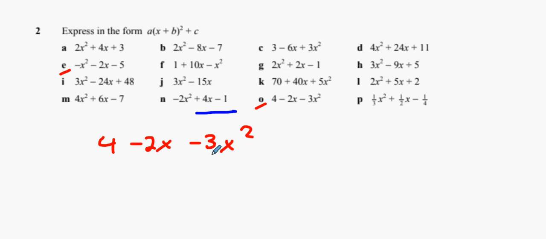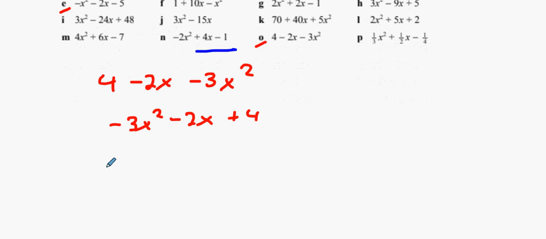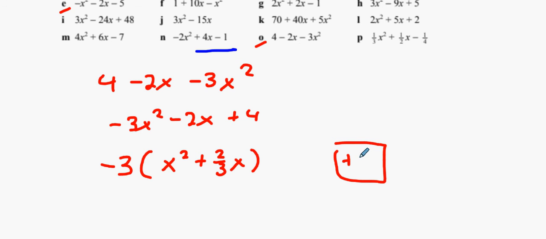Rearrange it to what, Shadi? Minus 3x squared minus 2x plus 4. What do you do with the first two? Take out minus 3. And what do you get left with? X squared. Yeah, and then you have your plus 4. You're looking to have a plus 4 at the very end, okay?